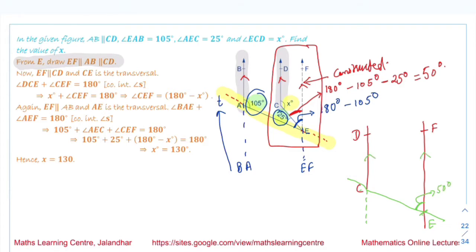These two lines are parallel, so this angle will be equal to 180 degree minus 50 degree, that is equal to 130 degree, and this is our answer, that x degree is 130 degree. So the value of x is 130.